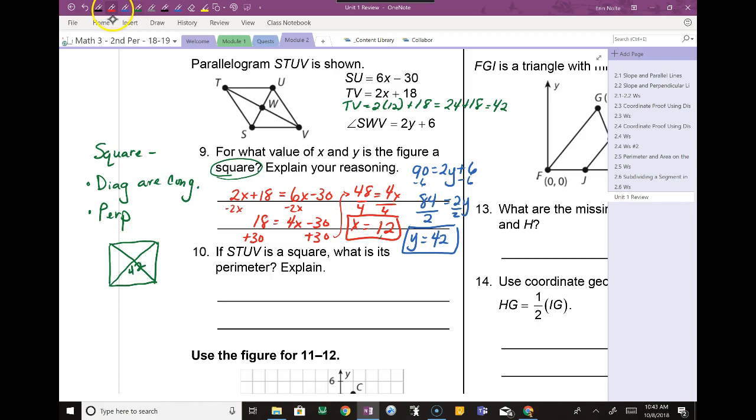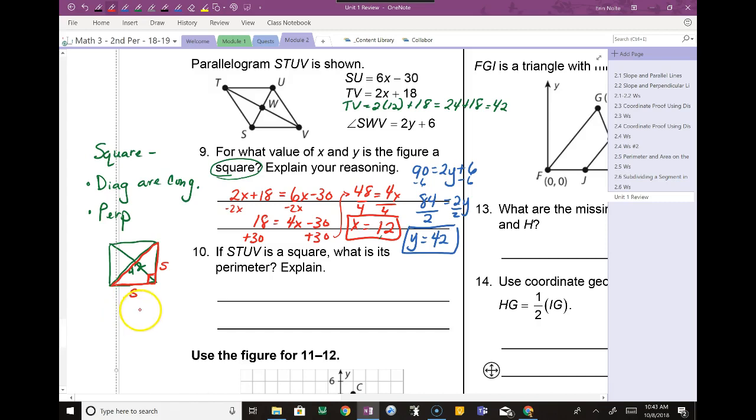So what I need to do here is find the side lengths of my square. So hopefully what you noticed here is that I've cut this into a triangle, and not only a triangle, but a right triangle with 2 side lengths that are the same. So for me to solve this triangle, I can use the Pythagorean theorem. Pythagorean theorem is a squared plus b squared equals c squared.